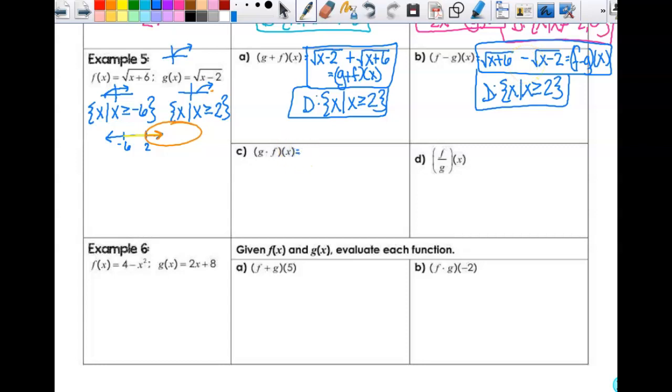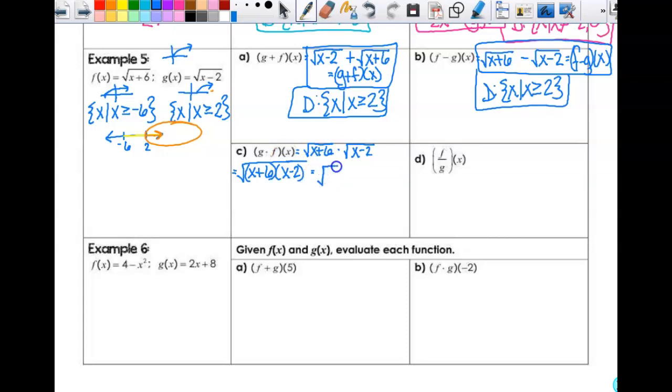All right, so then I have g times f of x. So I have the square root of x plus 6 times the square root of x minus 2. So anytime you multiply square roots, you just multiply what's underneath. So this becomes the square root of x plus 6 times x minus 2. And then I need to actually multiply those.